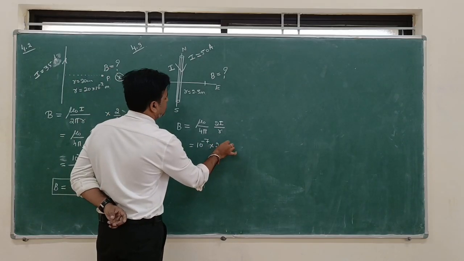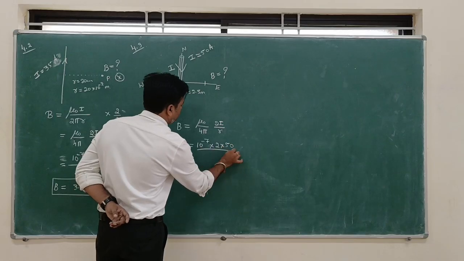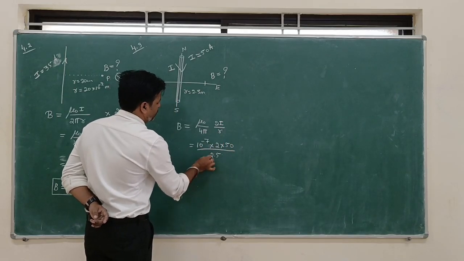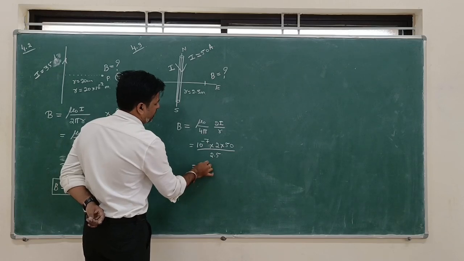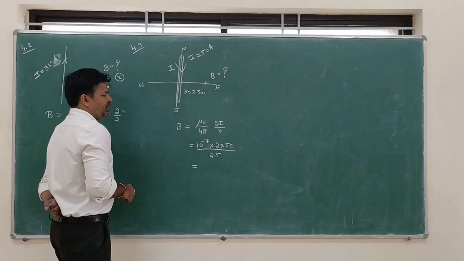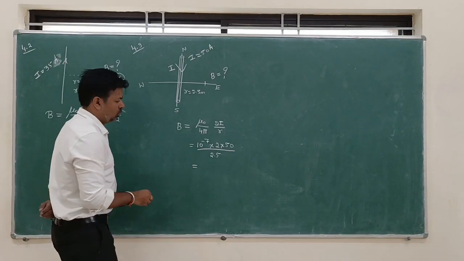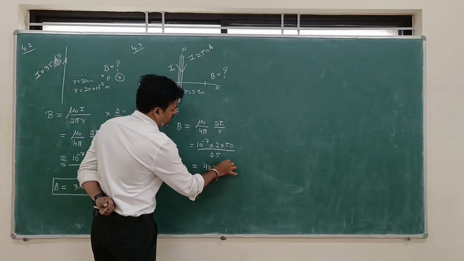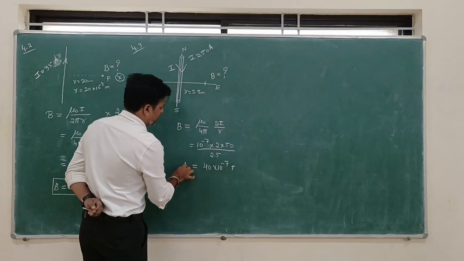The current is 50 divided by the value of R is 2.5. 100 divided by 2.5, how much? 40 into 10 to the power minus 7 Tesla.